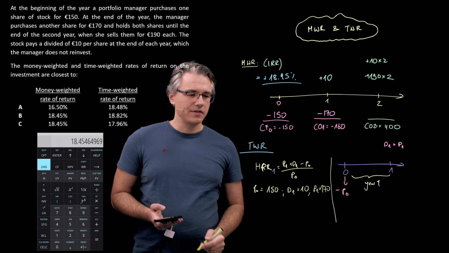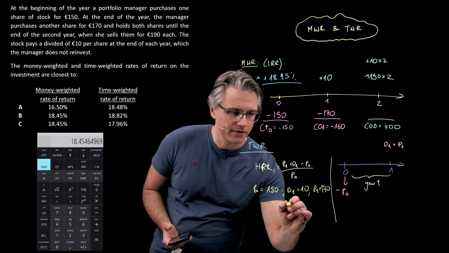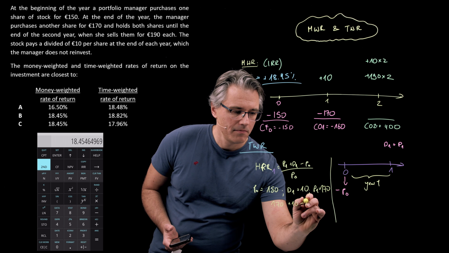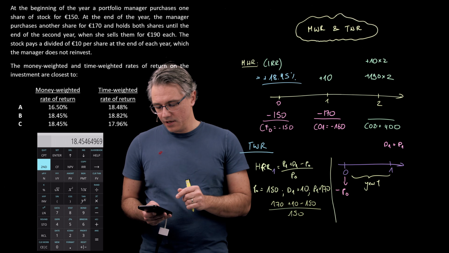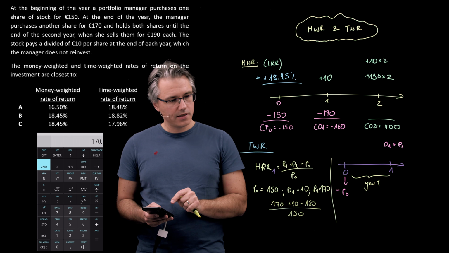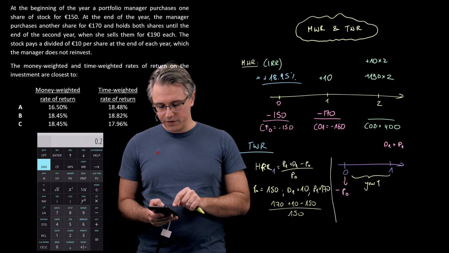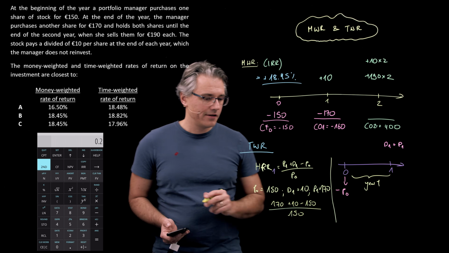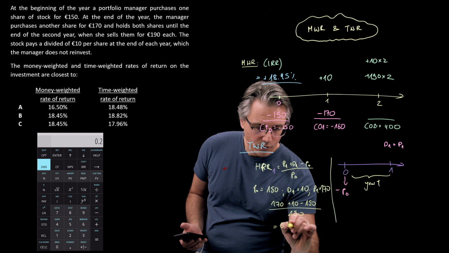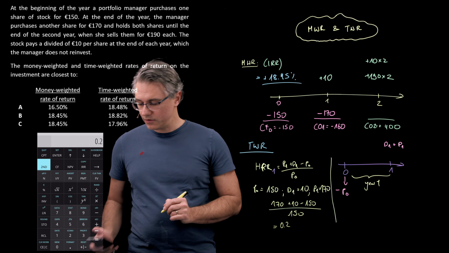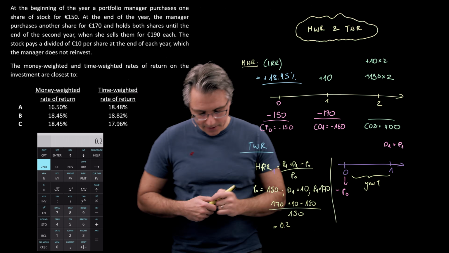So if I input this into my calculation, I'm going to get 170 plus 10 minus 150, divided by 150. Okay, in the first year, the relevant return was 0.2, or 20%.